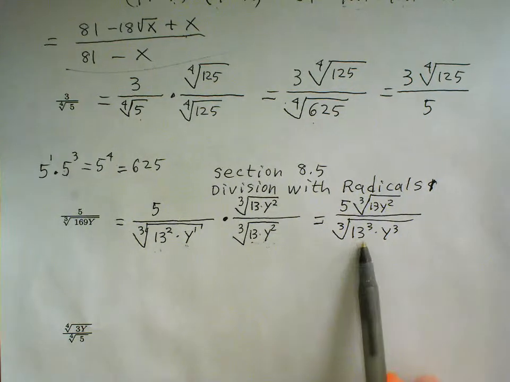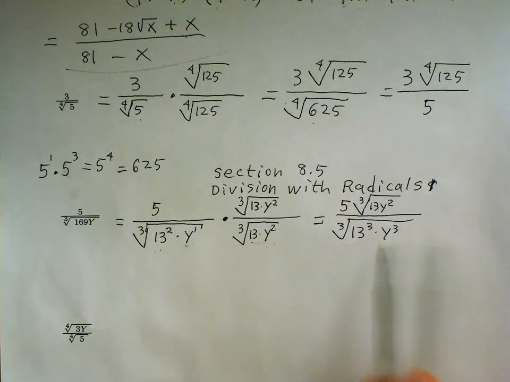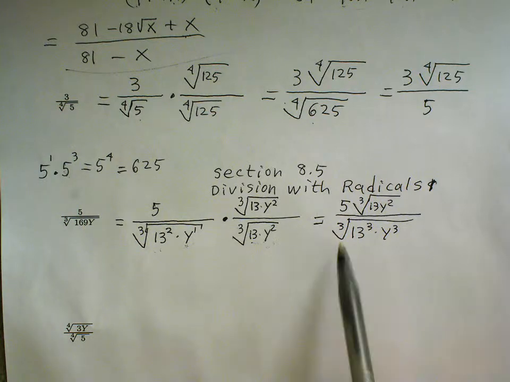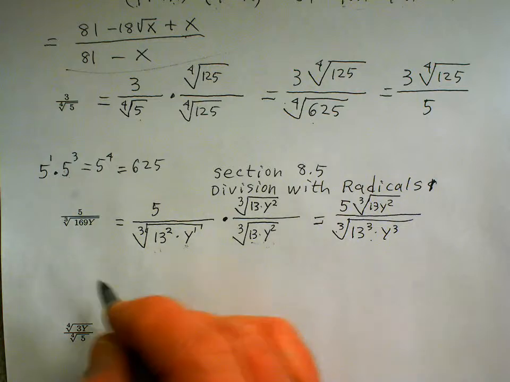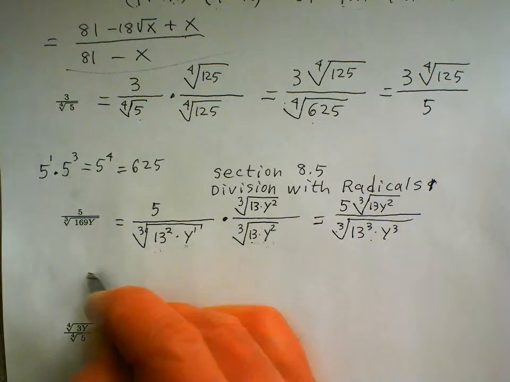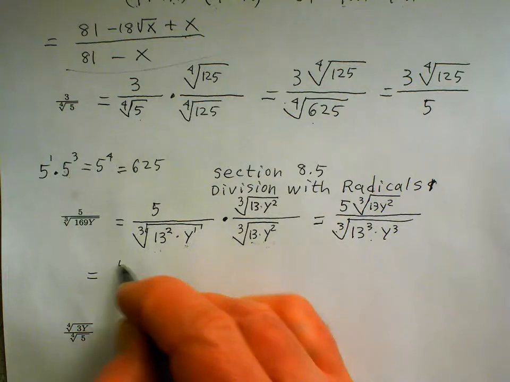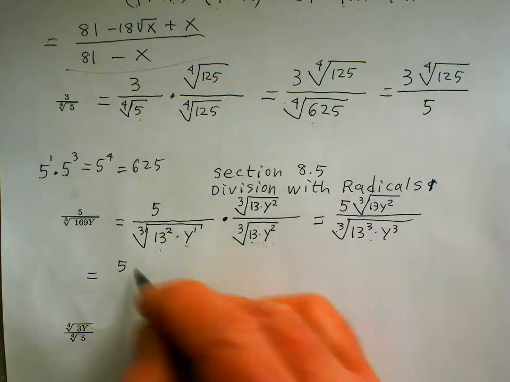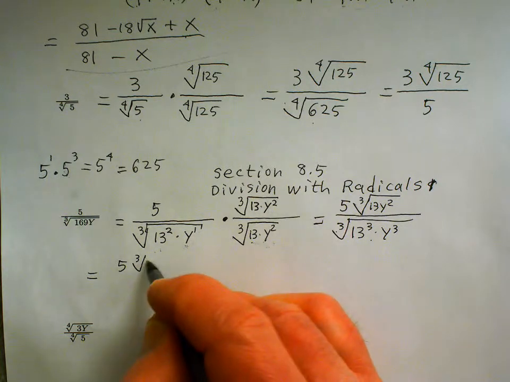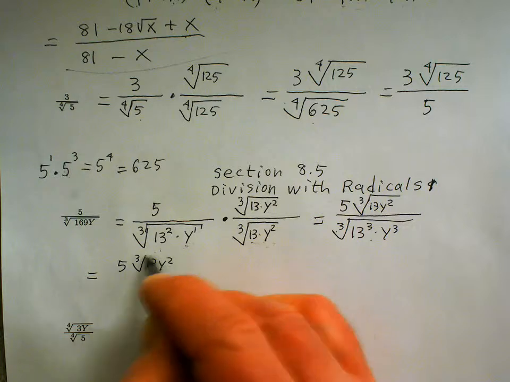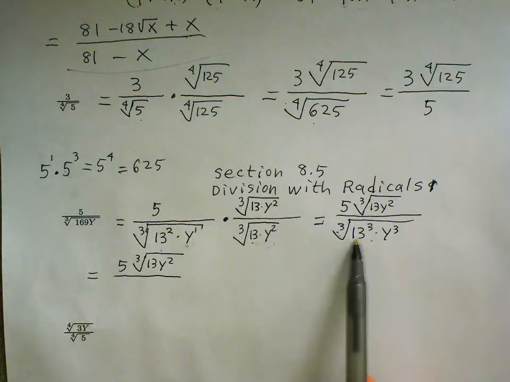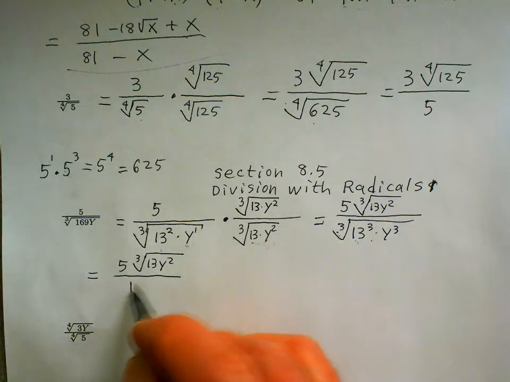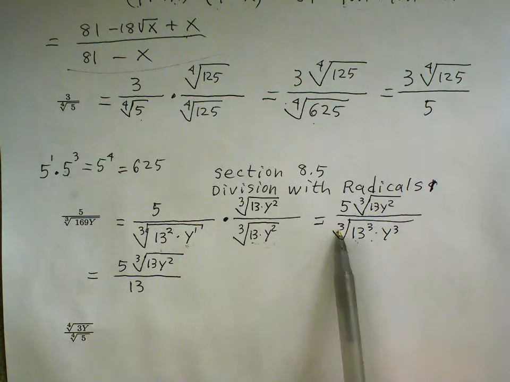And now we can, in the next step, simplify the denominator, and the radical will disappear. We'll no longer have a radical in the denominator. So the numerator is already as simplified as it can be, 5 times the cubed root of 13y to the second. And in the denominator, the cubed root of 13 to the third is 13, and the cubed root of y to the third is y.